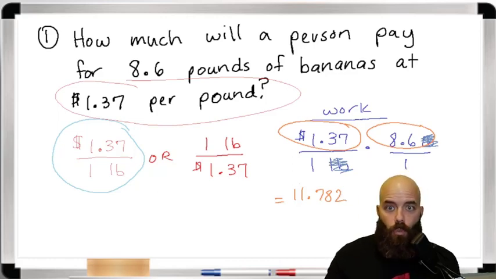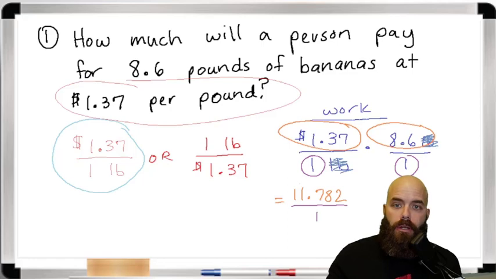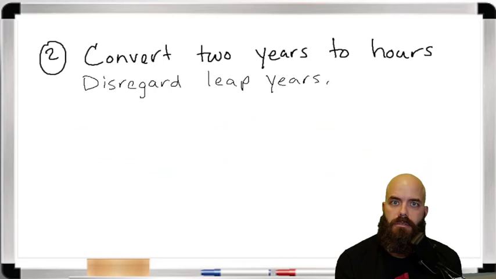And then 1 times 1 is 1. So what unit of measure do we have? Well, we have dollars. So we would just round this to $11.78. All right, so the second example is we want to be able to convert 2 years to hours.